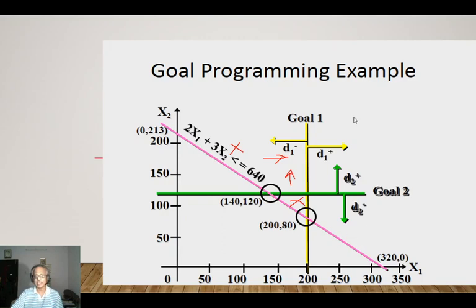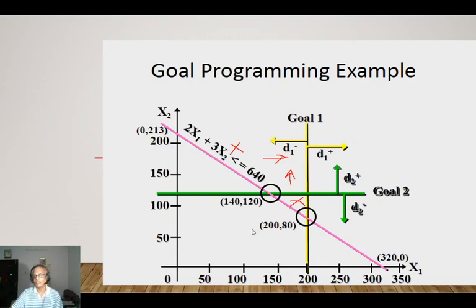So in this case, my optimum points should be within this line, and for the goal 1 constraint, the point should be on this line or away from this line, and for goal 2 it should not come below this, it should go up only.